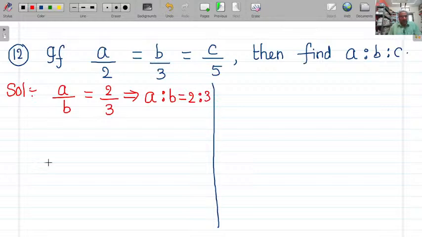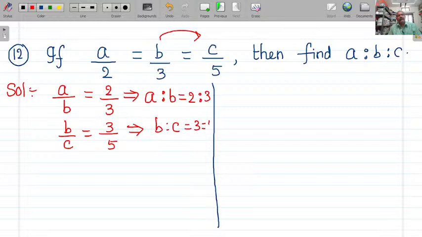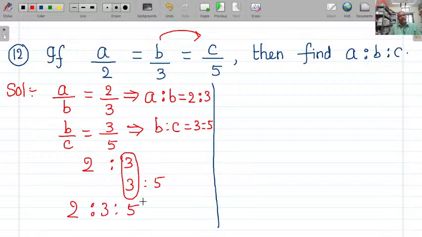Okay. Next, b by 3 is equal to c by 5, that is b by c equals 3 by 5. So we can write b is to c is equal to 3 is to 5. Super shortcut, 2 is to 3 and 3 is to 5. So these two are same, that's why directly we can write our answer is 2 is to 3 is to 5.